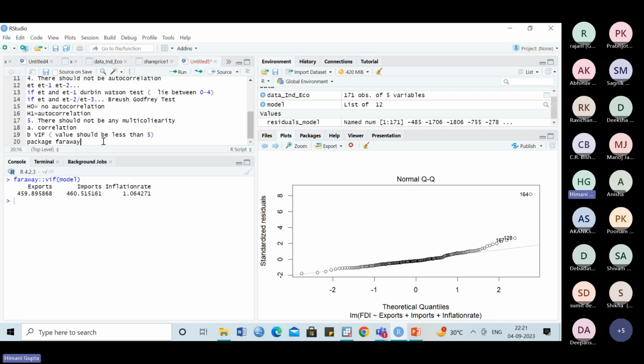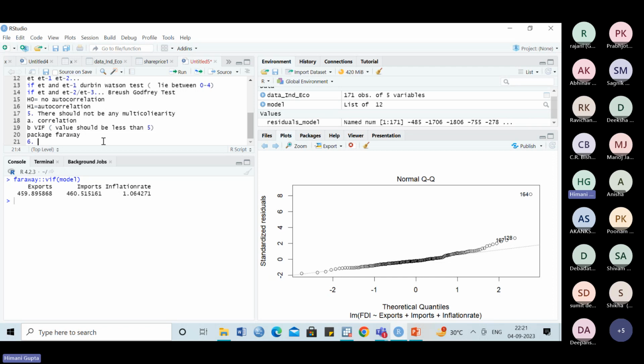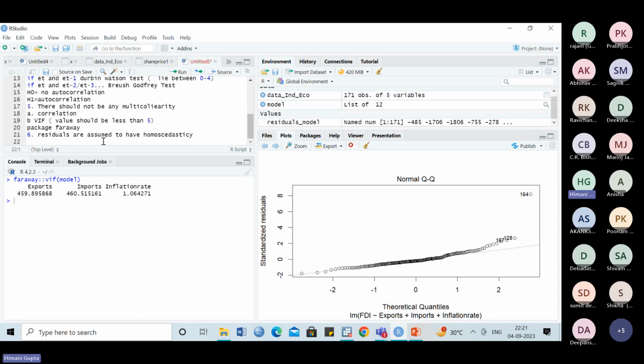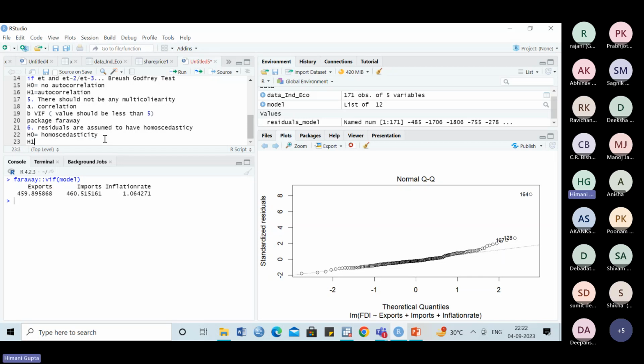Now, the next one, your sixth assumption says that residuals are assumed to have homoscedasticity. So H0 says that data is homoscedastic and H1 says your data is heteroscedastic.